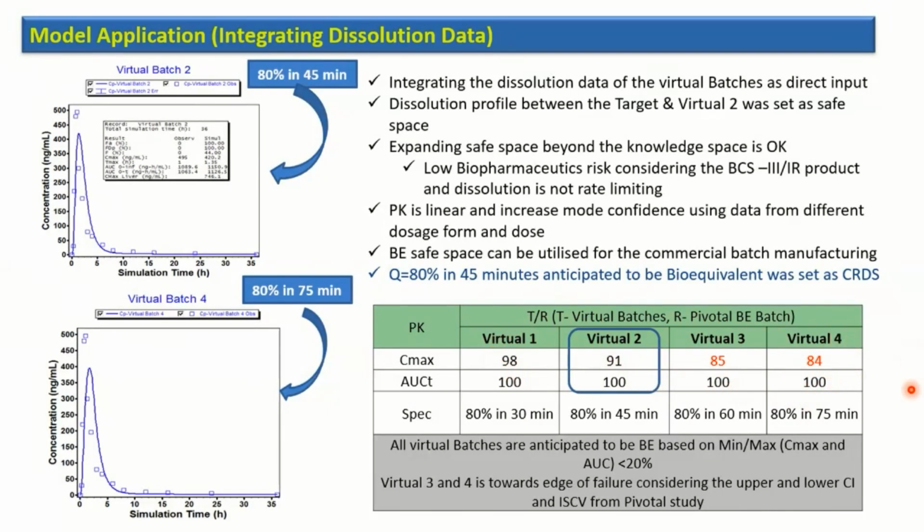However, if we consider the realistic scenario of our pivotal data, considering the intra-subject variability and the lower and upper bound confidence interval, virtual 3 and 4 are going to be towards the edge of failure, right? So using the totality of evidence approach, we concluded that virtual release profile 2 will be able to meet the BE criteria.